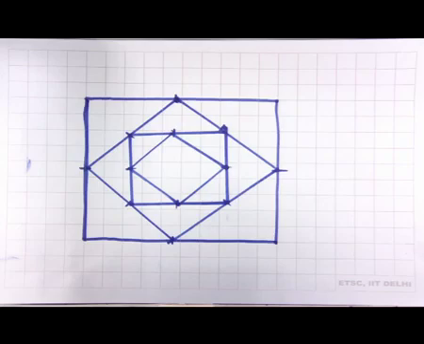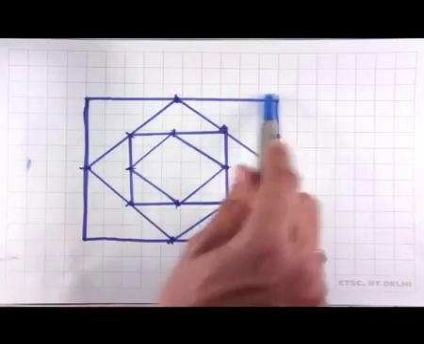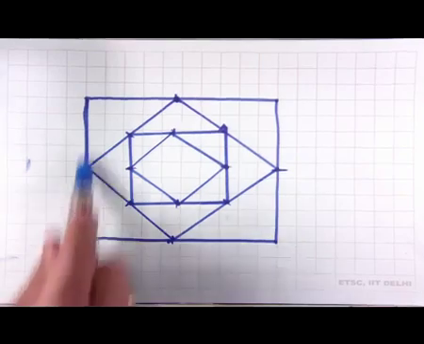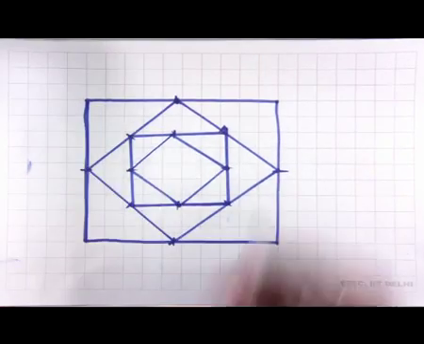Each of the other squares is obtained by joining the midpoints of the sides of the square before it. Find the sum of areas of all squares. So, you are given a pattern of squares. The outermost square has area 4 meter square.